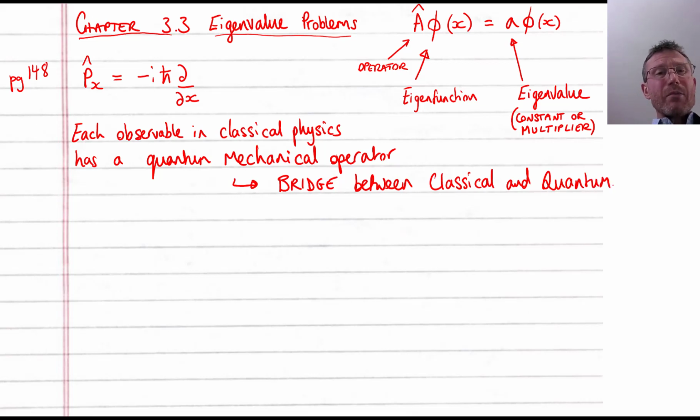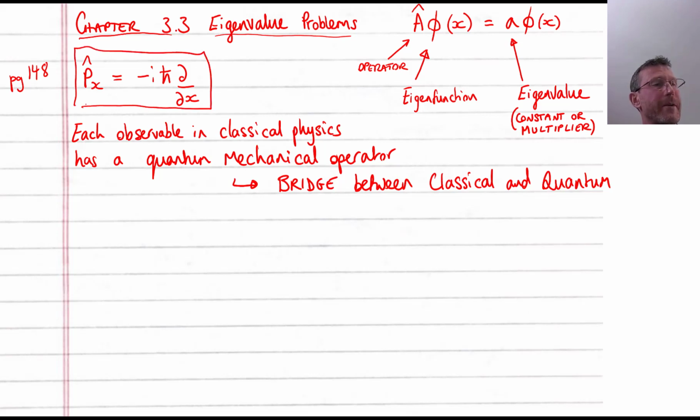So what we're going to do is explore how we might operate on some functions. Let's suppose that we have three functions: x cubed, cosine alpha x, and e to the i kx.